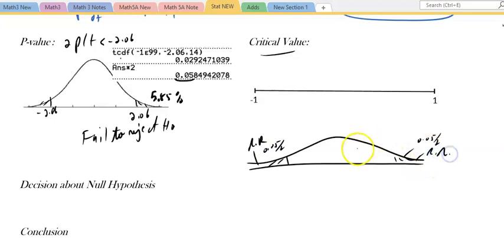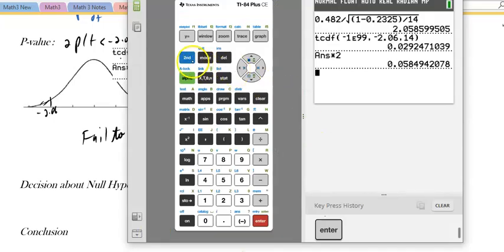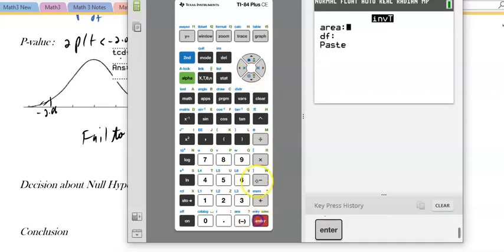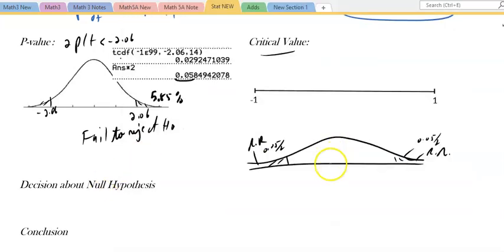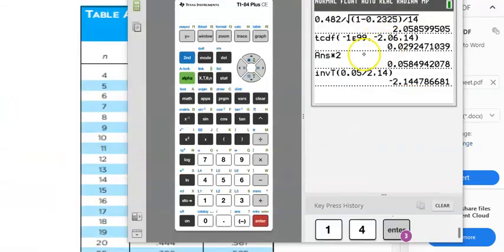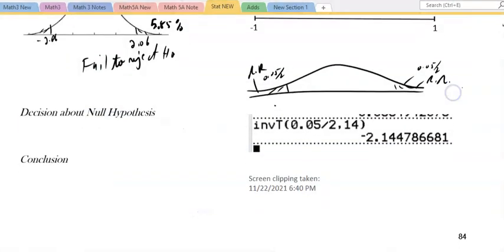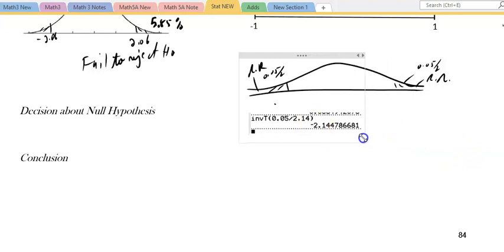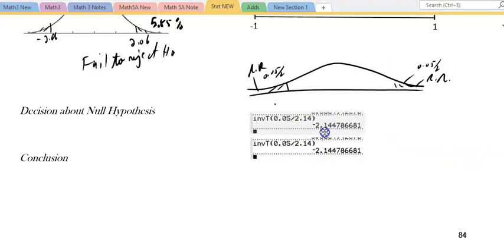The rejection region would be, if I go for inverse t distribution and I take 0.05 divided by 2, degrees of freedom 14, that turns out to be negative 2.14 and positive 2.14.